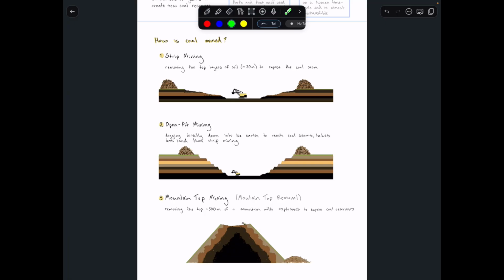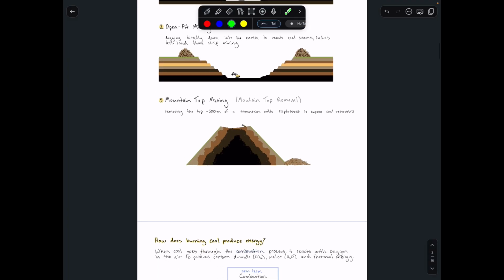So there are some pretty serious health and environmental impacts of mining for coal that we don't find when accessing other energy resources.